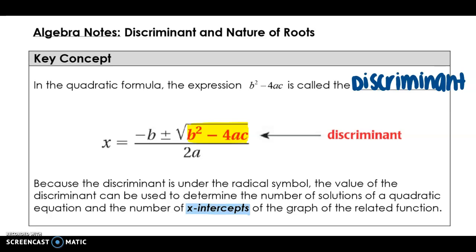Some other synonyms for x-intercepts are the roots, the solutions, and the zeros. The discriminant gives us a lot of information.